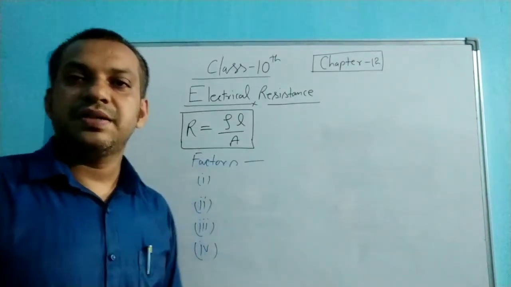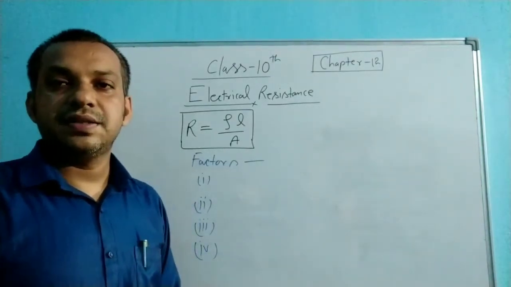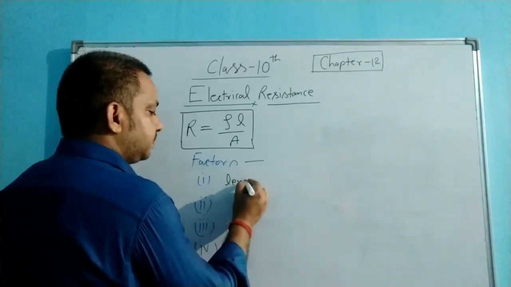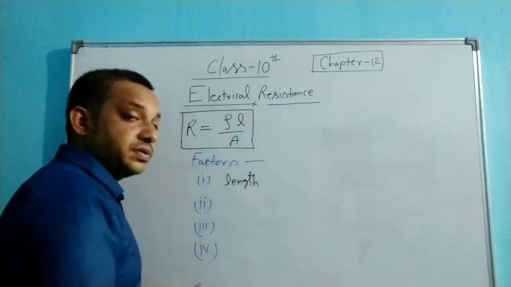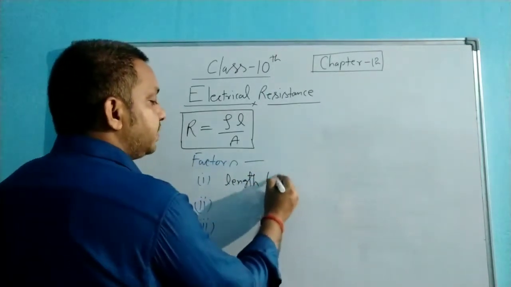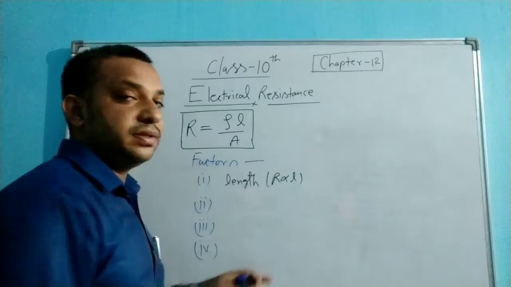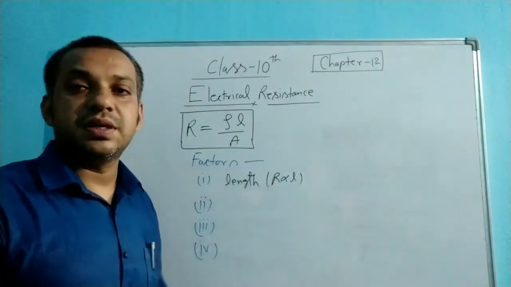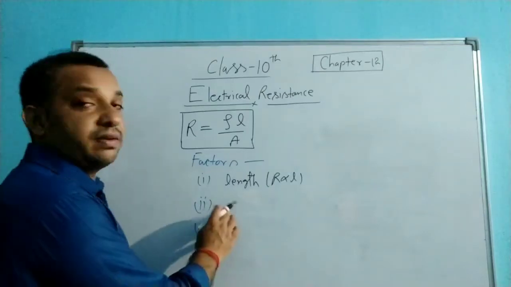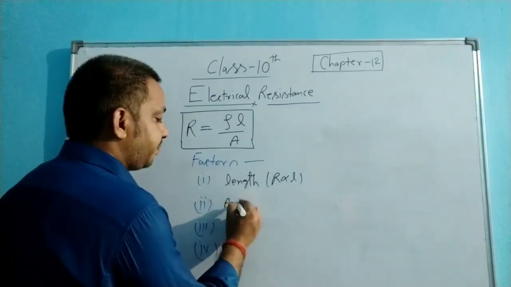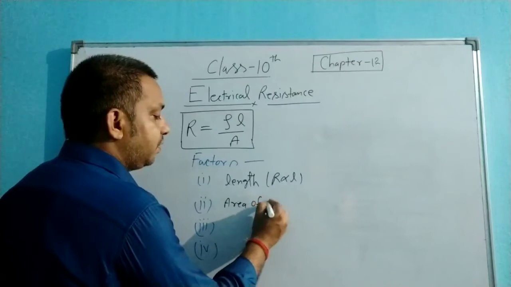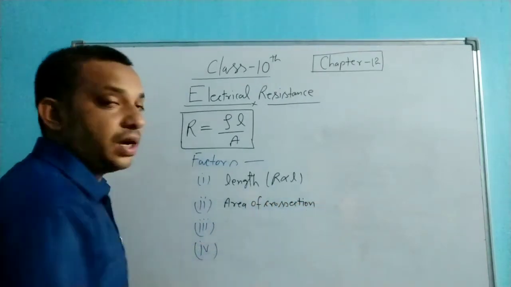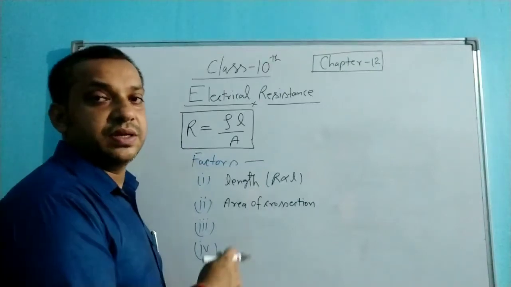So let us summarize the factors which will affect the electrical resistance. The first factor is length. And what is the relation here? R is directly proportional to L. That means if you increase the length, the electrical resistance of the conductor also increases. The second factor is area of cross section.